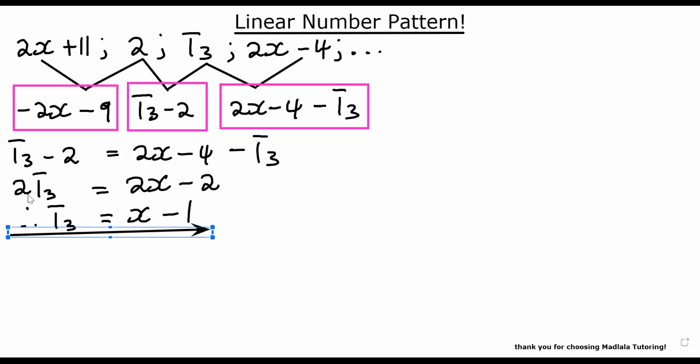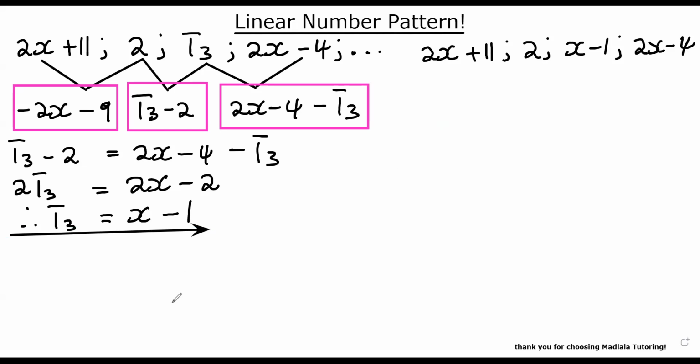Okay, fine. So now we know the value of T3, at least in terms of x. So we can actually say we have 2x plus 11, we have 2, we have x minus 1, and we have 2x minus 4, all right?